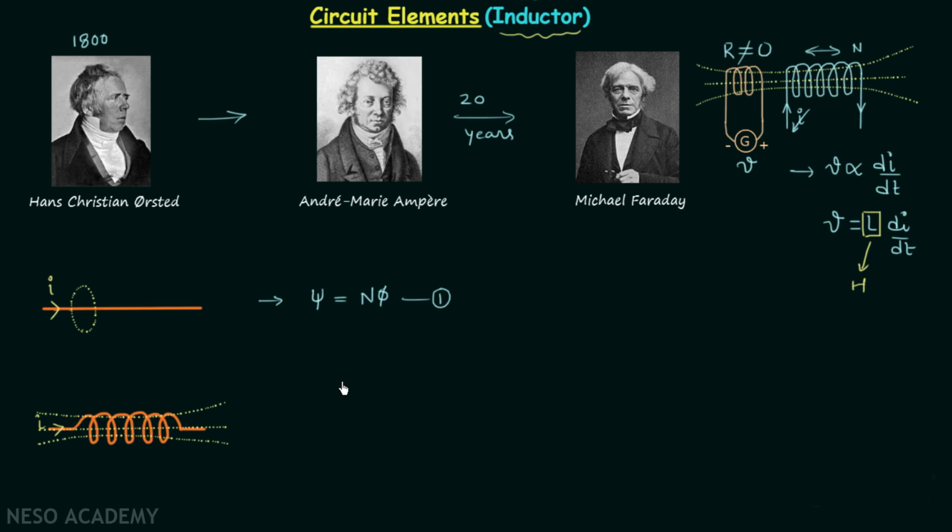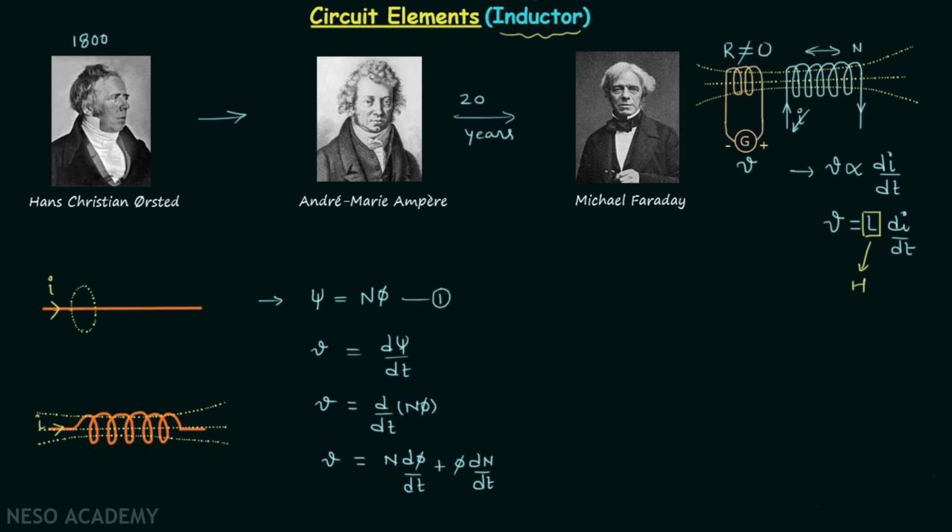Now, according to Faraday's second law, the induced EMF is equal to the time rate of change of flux. This means d psi by dt, and psi is equal to n phi, so we have v equal to d by dt of n phi, and using the rule of differentiation we can write v equal to n d phi by dt plus phi dn by dt.